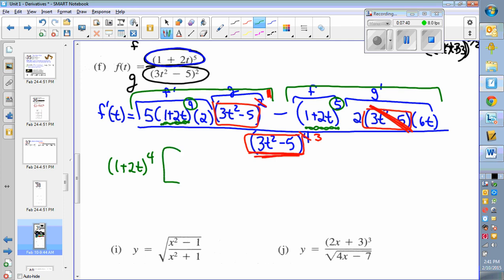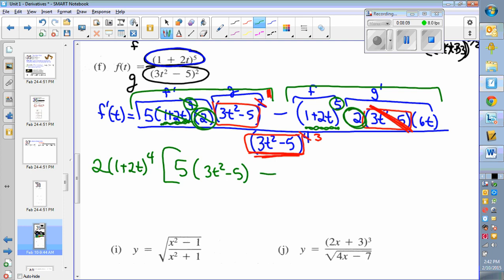The other thing that can come out as a common factor is a 2, and I believe that's it. So if we remove the 2 and 4 of those factors, what's left in the first term is a 5 and 3t squared minus 5, only to the 1 power. Subtract.